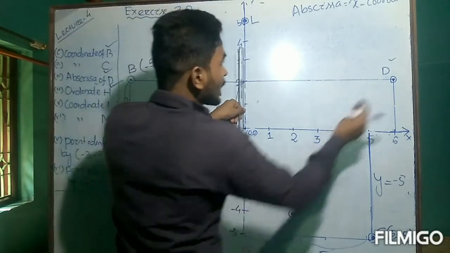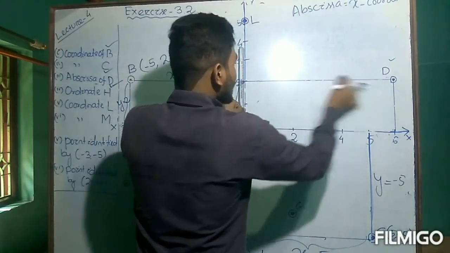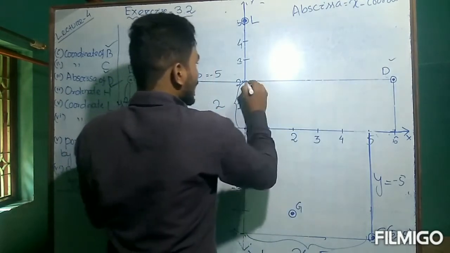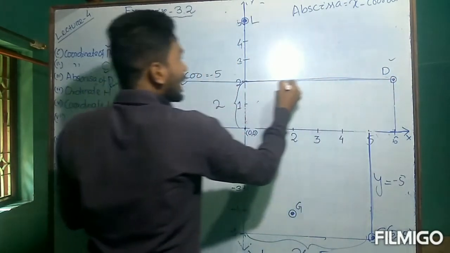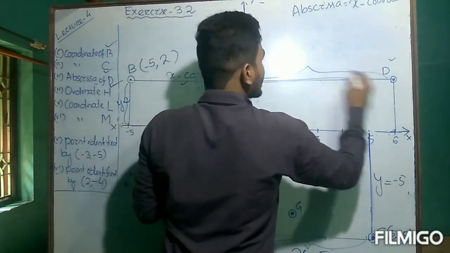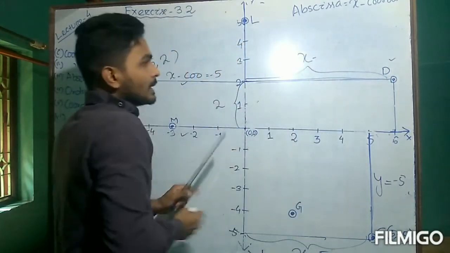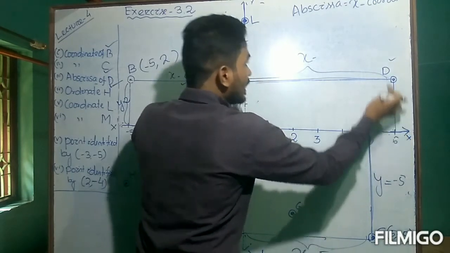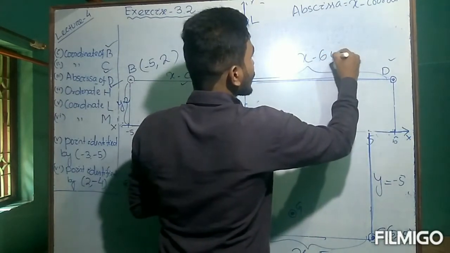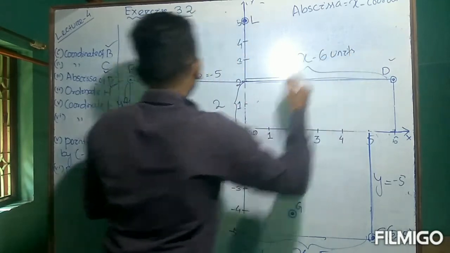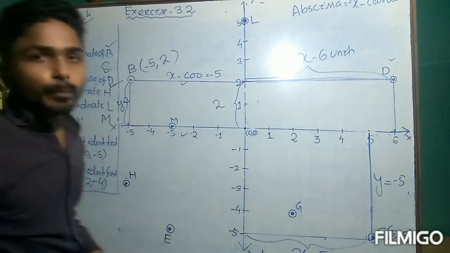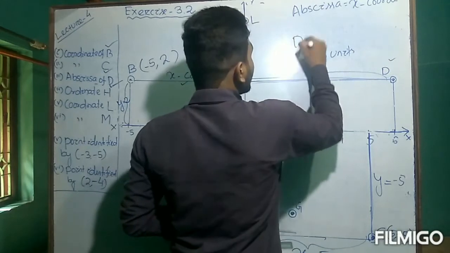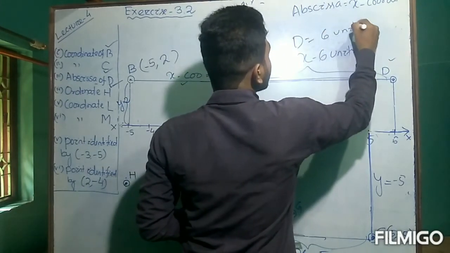This is the y axis, this is the point. So this distance is your x coordinate. Since this is equal to this, and it is 6 centimeter or 6 units, the x coordinate is 6 units. So you can write the abscissa of point D is 6 units.